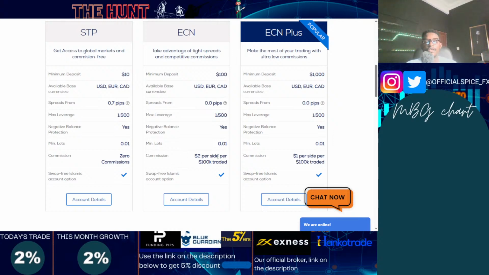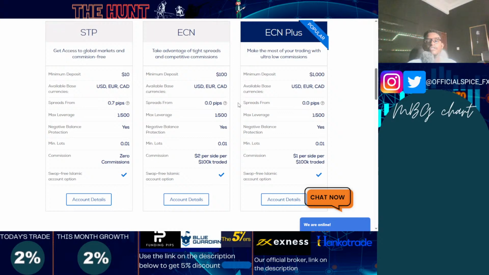This is the part I love the most: the spread is super tight. Sometimes you might not have any spread on EURUSD and GBPUSD. I'm also using it. I will screenshot the spread and send it to you guys on Telegram when I'm done with this video. They charge you just $2 per standard lot, which is super low.